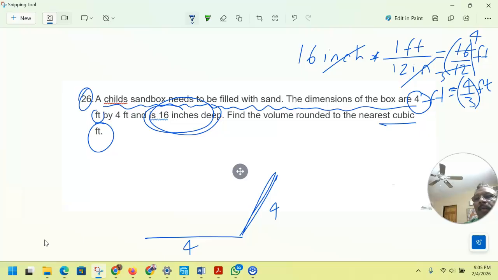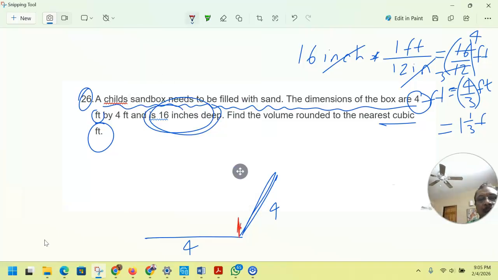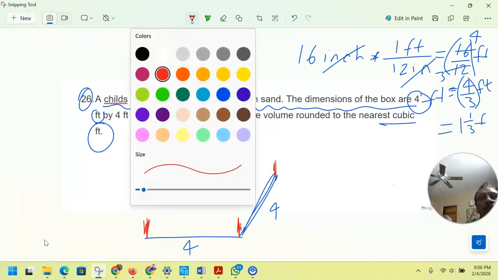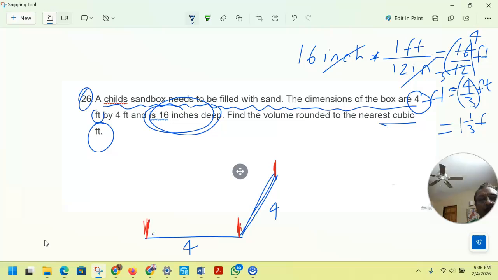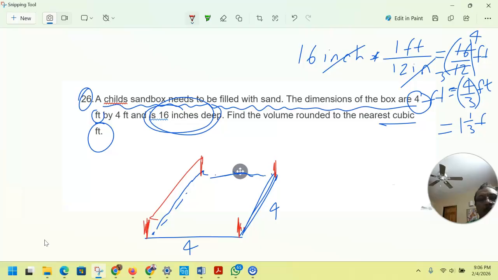So that means 1 1/3 feet. So when I try to draw deep, this is how deep this is. So this will go like this. So this way, I just wanted to draw the sandbox. That is how deep it is, which is 4 over 3 feet.